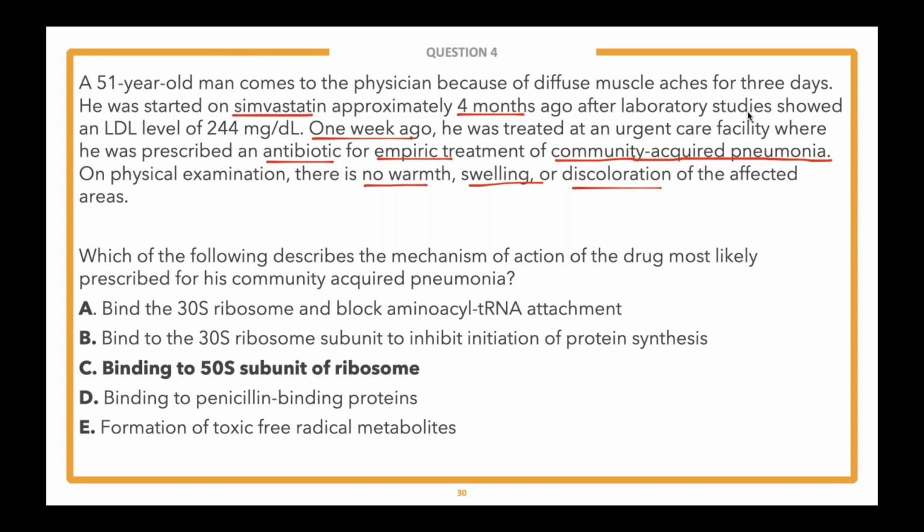Another thing you need to know, besides that mechanism of action of statins, is how they're broken down. Statins get processed and broken down by the cytochrome P450 system in the liver. One of the big side effects of statins that we look out for is myopathy, so muscle aches or muscle pathology.